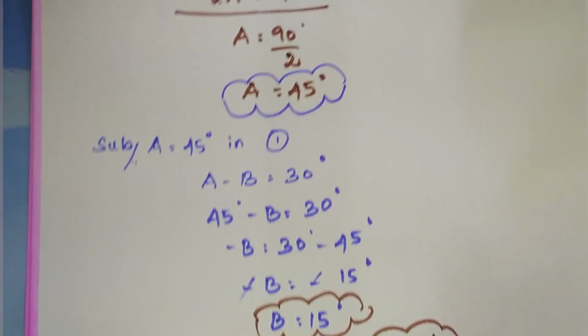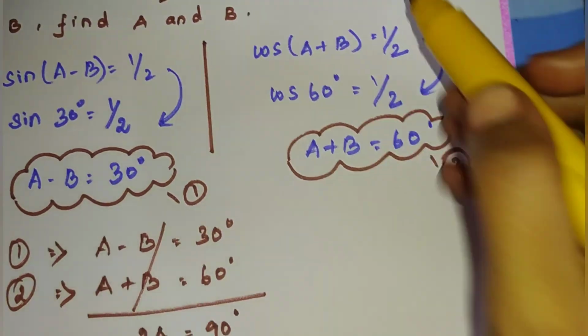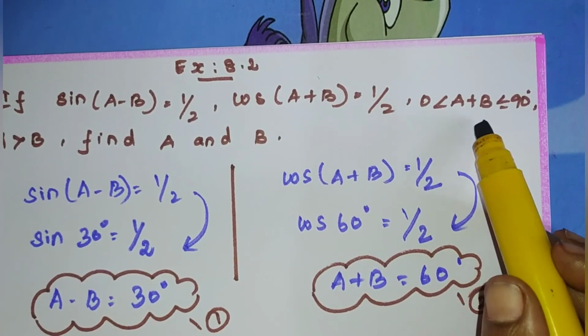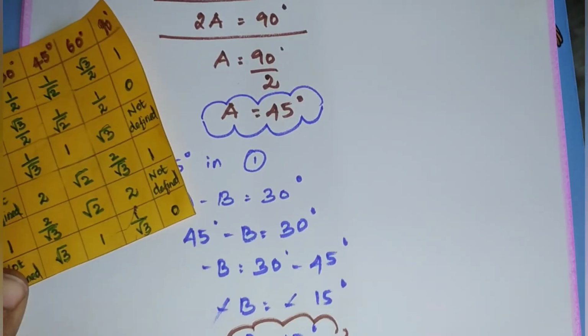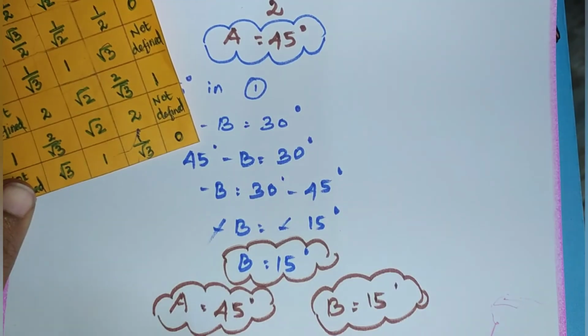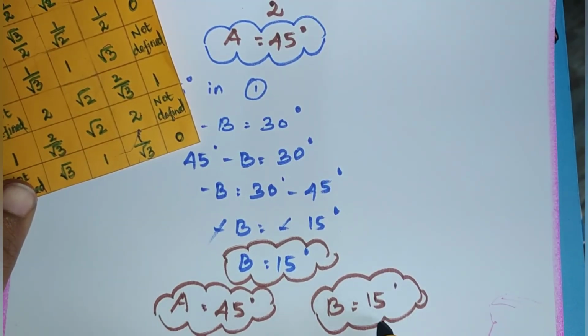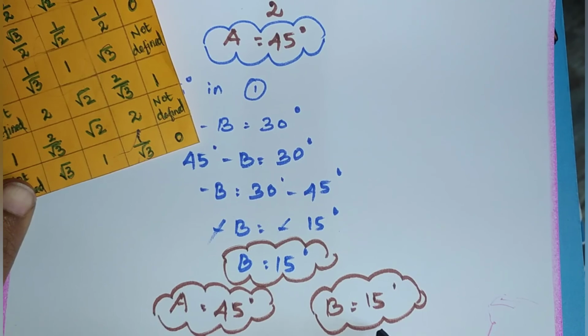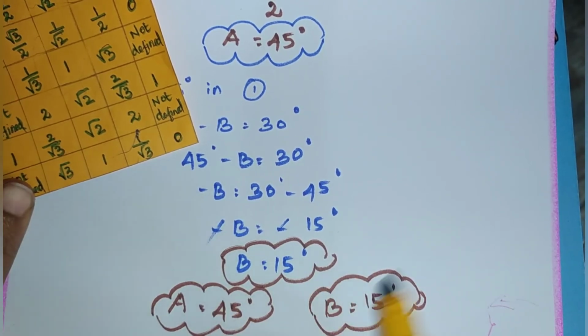See whether it satisfies the given condition that 0 less than A plus B less than or equal to 90. If you add these two, 45 degree and 15, what you will get? 60 degree. So it lies between 0 and 90 degree.